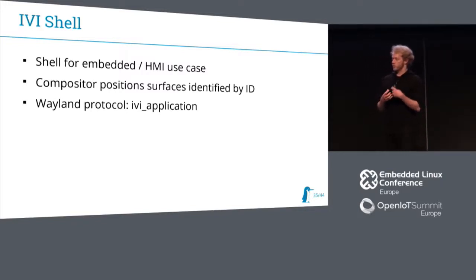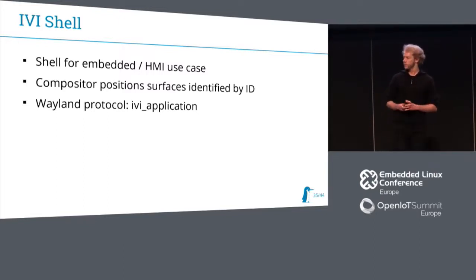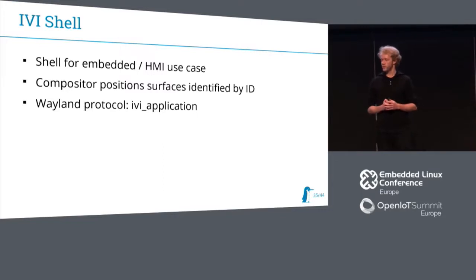This allows the compositor more control about the surfaces from clients. It identifies clients by a specific ID and knows which surface belongs to which client. And the problem with the IVI shell is it supports the IVI application protocol to be able to specify these IDs.